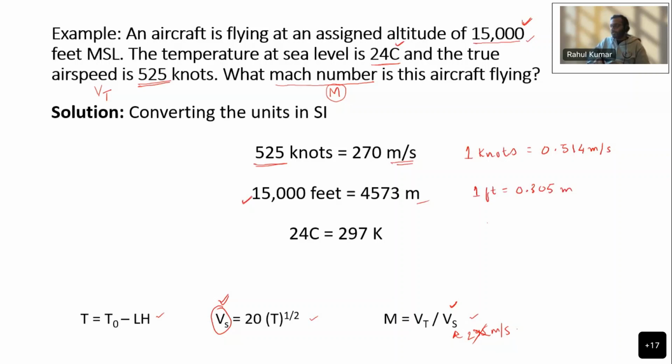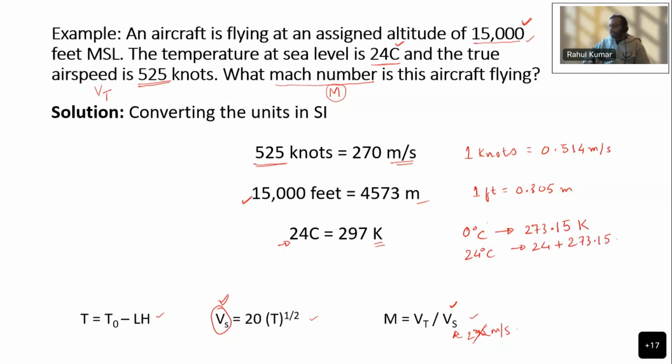Then we are given the temperature in degree centigrade, and we have to convert it into Kelvin. So 0 degree centigrade is 273.15 Kelvin. So 24 degree centigrade will be 24 plus, don't multiply it, add it, 24 plus 273.15.